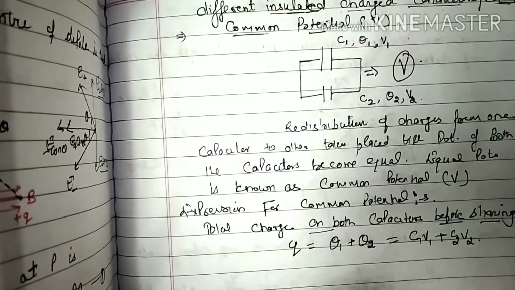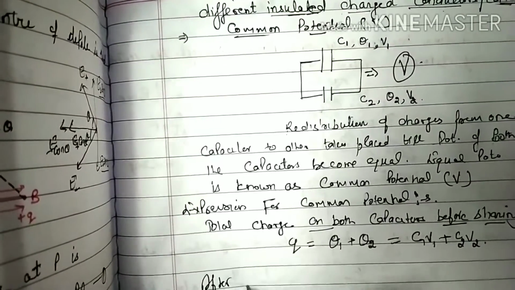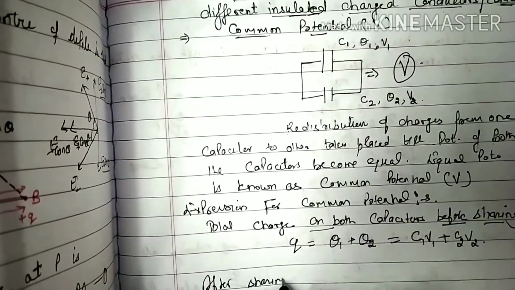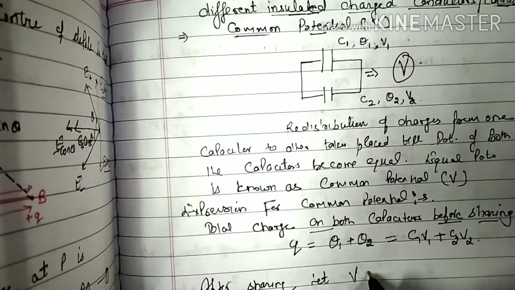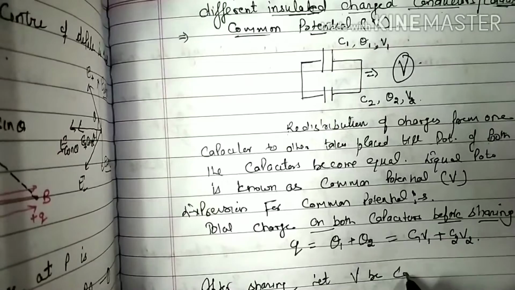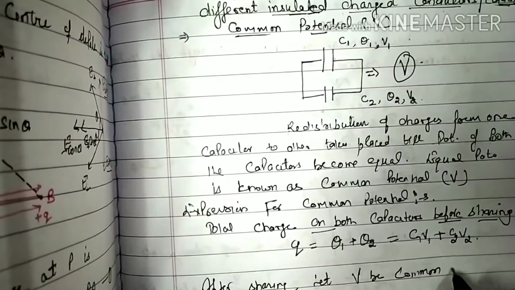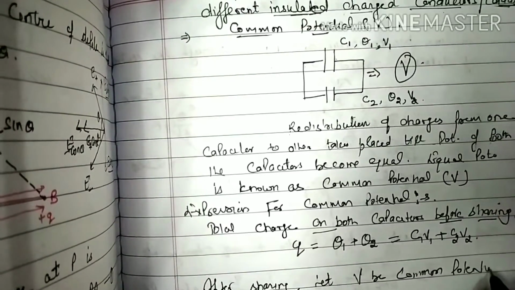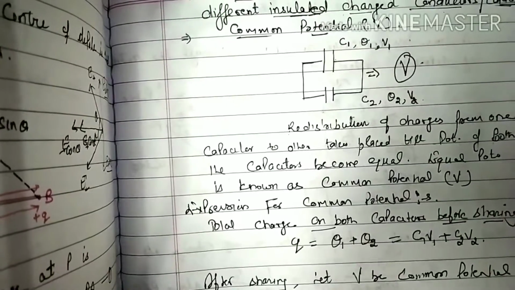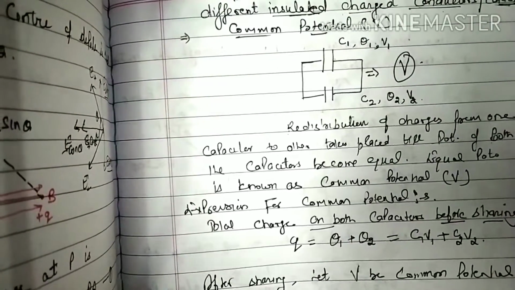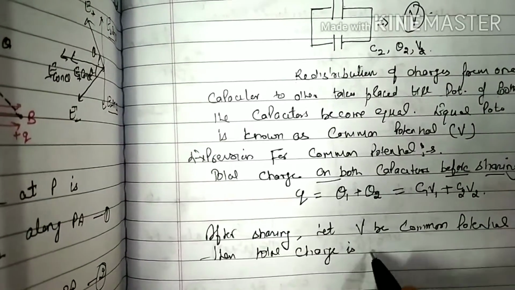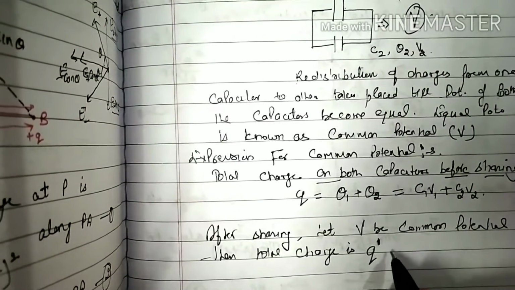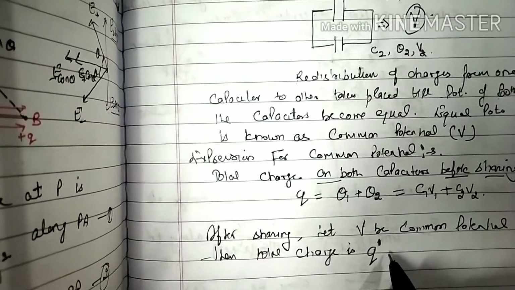And after sharing, let V be the common potential. Then the total charge, let it be Q dash, because there is redistribution of charge and the charge gets changed.